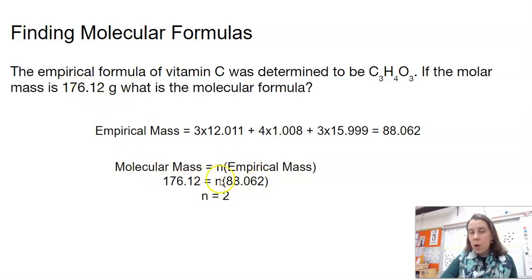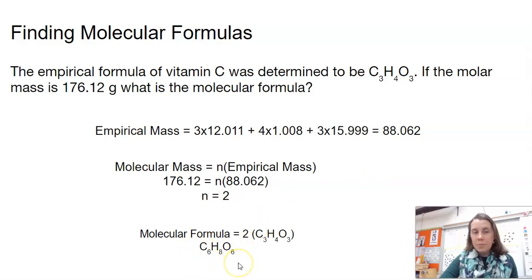All right, we know our empirical mass is 88.062. So if we solve for that whole number, we'll find out that there must be 2 of those empirical formulas in the molecular formula. All right, so now we just take all of the subscripts in our empirical formula and multiply them by 2. All right, and we'll get a molecular formula of C6H8O6.